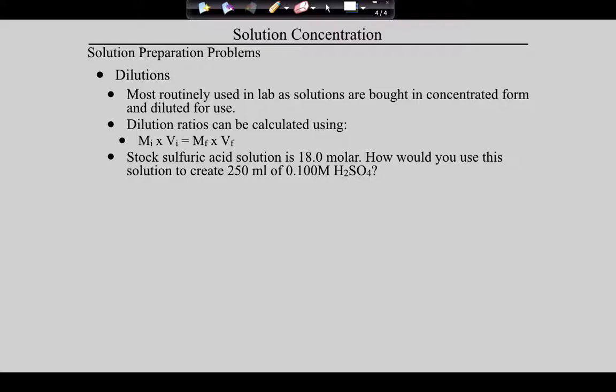The question is, how do I make it? We're going to do the math. Join me. So guys, in order to do this calculation, it goes MiVi is equal to MfVf. Now here's the way the math goes. Guys, we need to know the initial molarity of the solution. That's 18 molar.